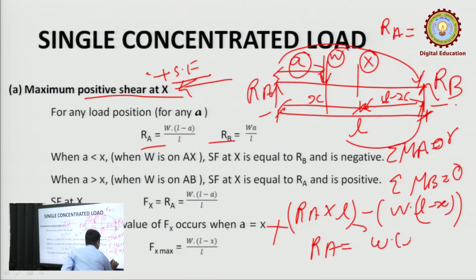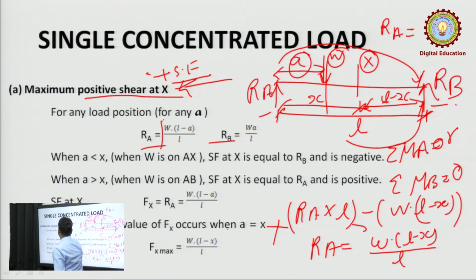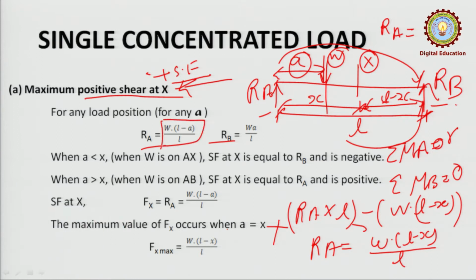W into L minus x upon L. Here we found the same value, but the difference is that in the case of A we took x.